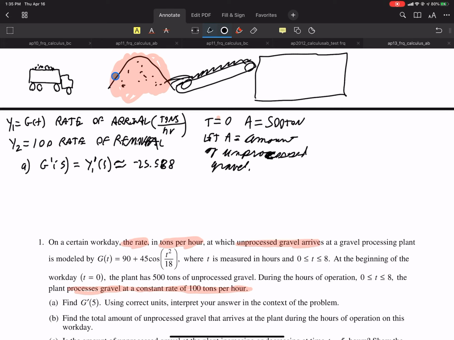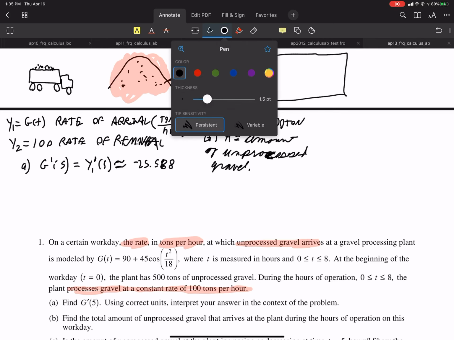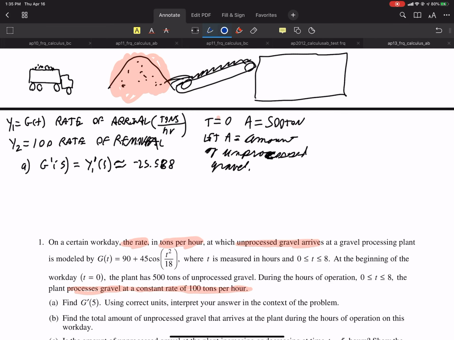Well, I'm going to highlight here what G is. G is the rate at which unprocessed gravel arrives. That's G. So that's what's decreasing. So how are we going to write this out? So the rate at which unprocessed gravel arrives is decreasing. So I'll write that.